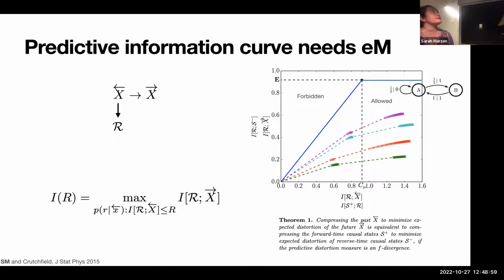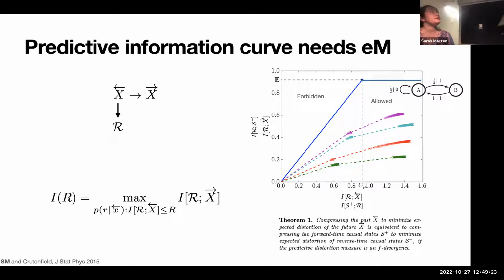And likewise, we can take a semi-infinite future and replace it with what's called a reverse time causal state, which I don't have time to go into, but it turns out there are only 2 reverse time causal states. And there is an algorithm for getting the joint probability distribution of these two, the forward time causal states and the reverse time causal states. And so you can actually analytically nail this curve when before it was impossible to compute.